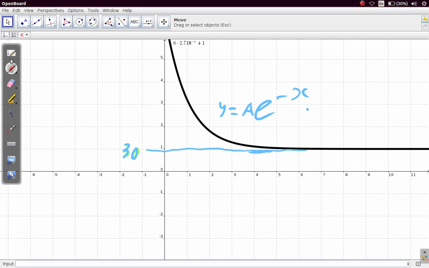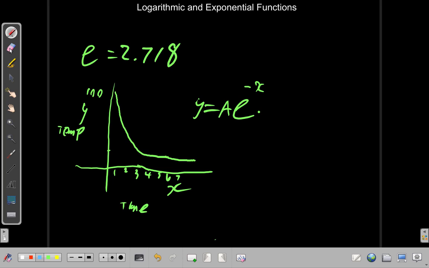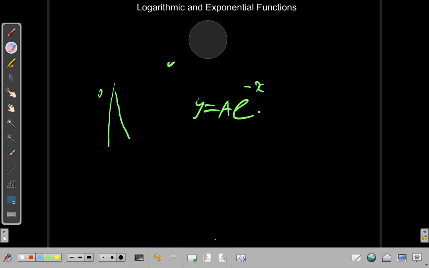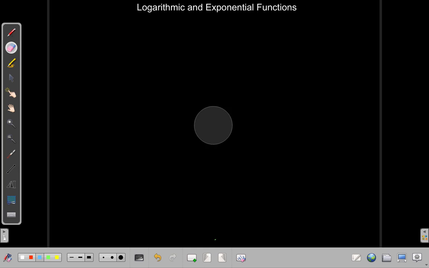Now, as for common logarithms, they use, for example, the decibel scale used to measure the intensity of sound, and the Richter scale used to measure the intensity of earthquakes.